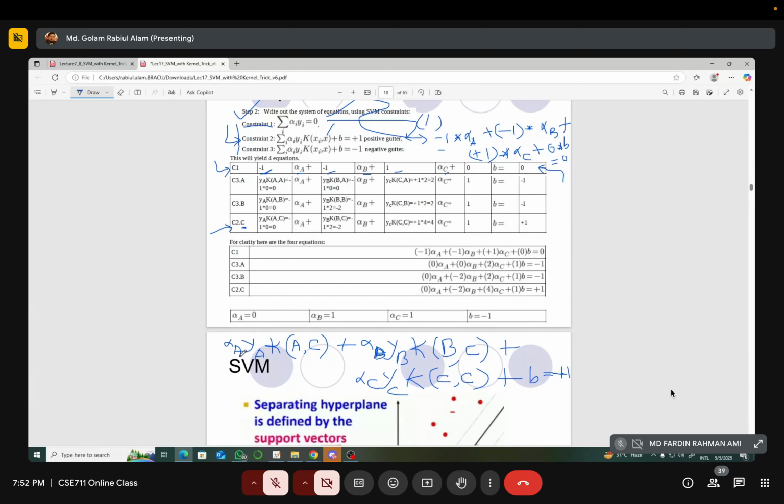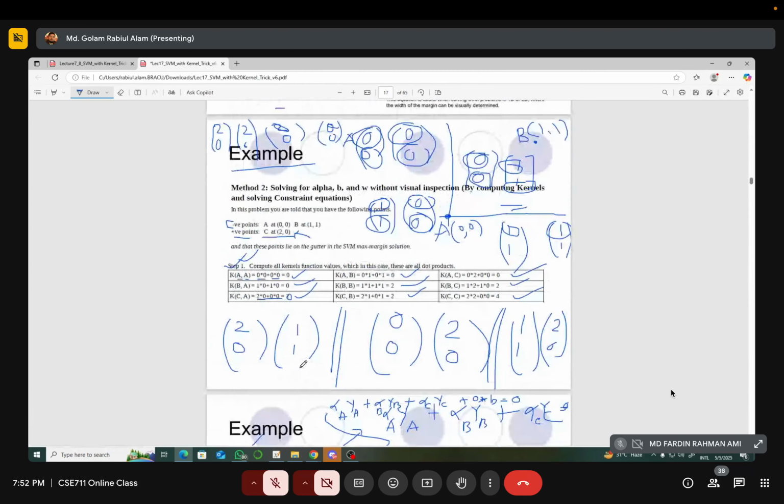And in such a case, what will be the value for alpha A, y A? A is negative. B is also negative. C is just positive.